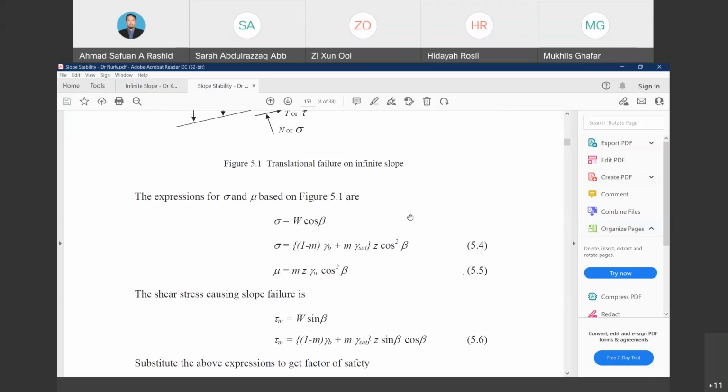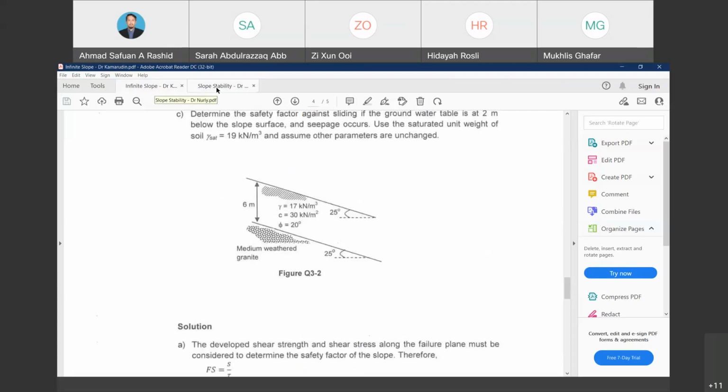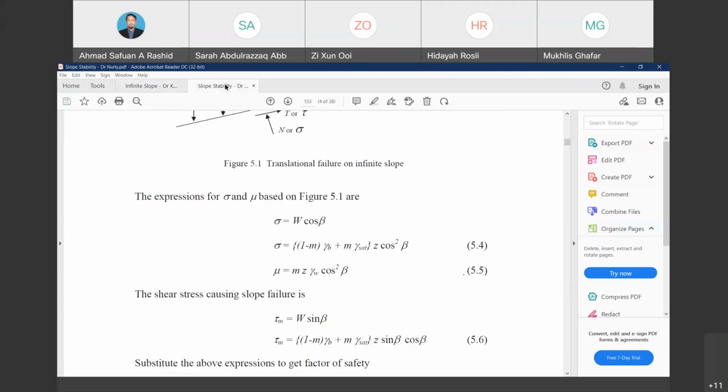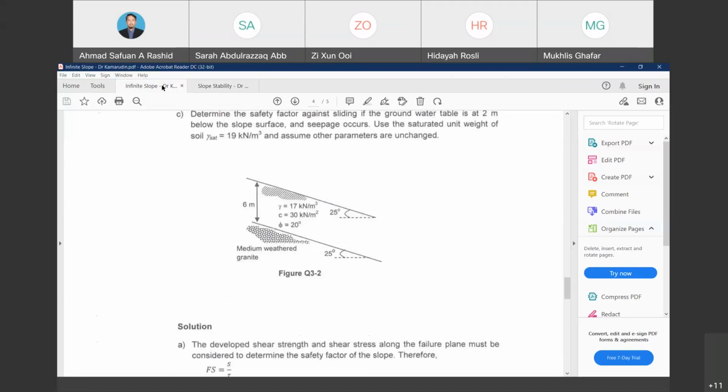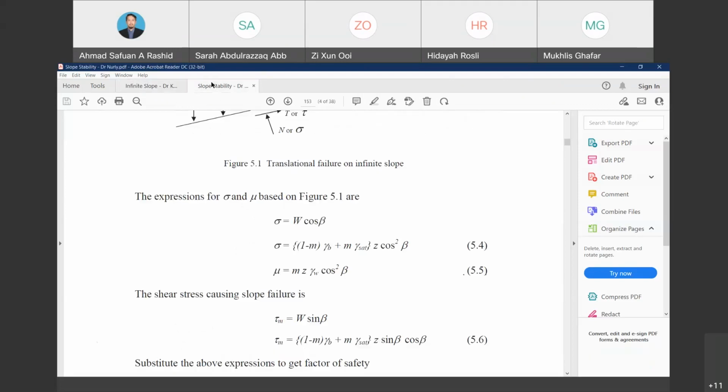While for the mu, 0.67 times 5 times 19 times cos 25, sorry, Z is 6, cos 25. So 62.7 for the mu.